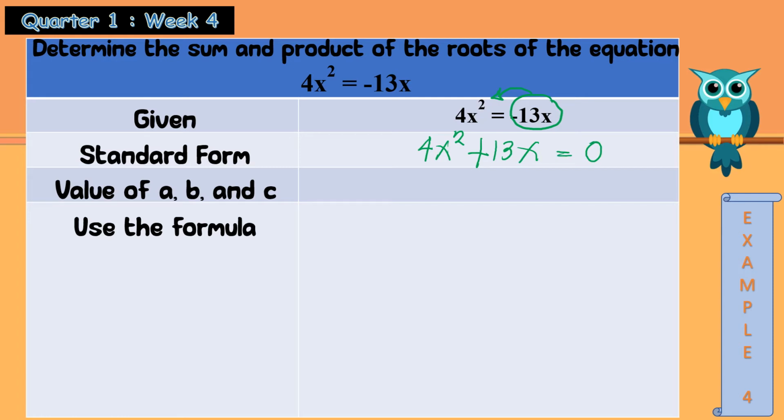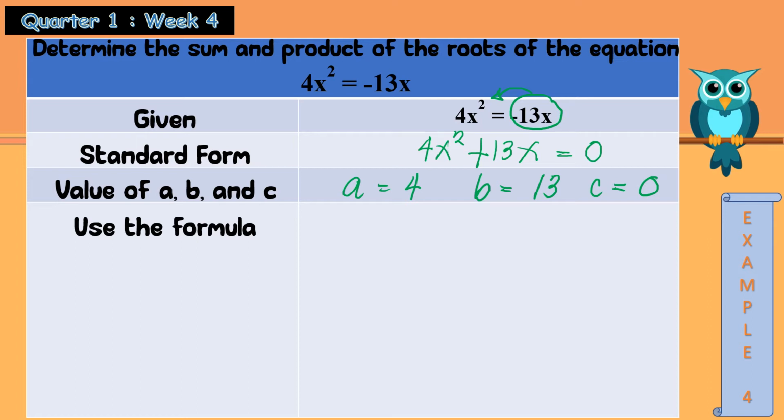So this is an incomplete quadratic equation since there is a missing term from our given quadratic equation. For the value of a, we have here positive 4. For the value of b, we have here positive 13. And for the value of c, we have here 0, since our constant term is missing from the given quadratic equation.